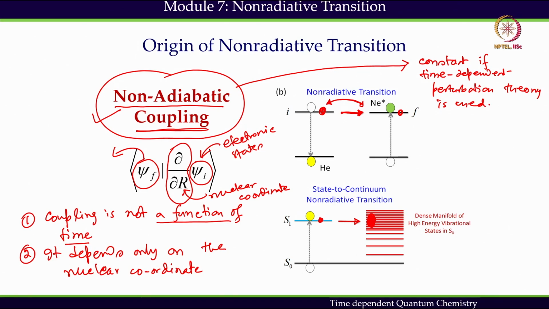So, under constant coupling potential, if we try to understand the dynamics, then that is going to explain this non-radiative transition. So, here we will assume.